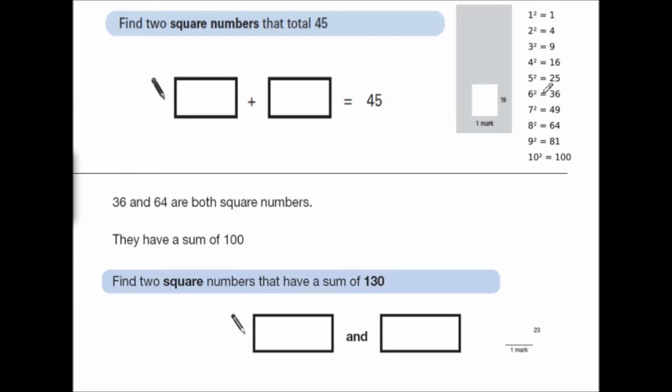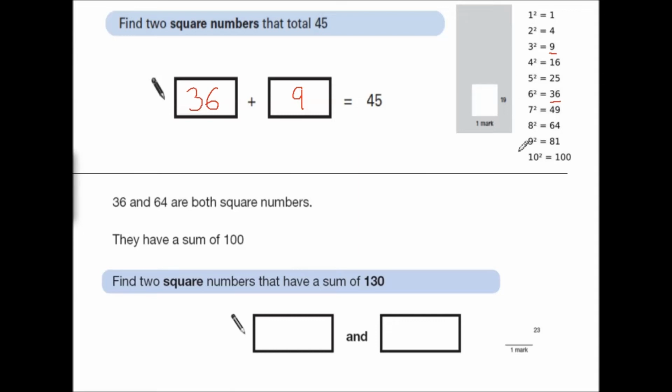This will help us to find our answer to this first question here. So let's have a look. We need 2 things which add to make 45. If you notice, 36 and 9 give us our 45, and you can test that yourself.